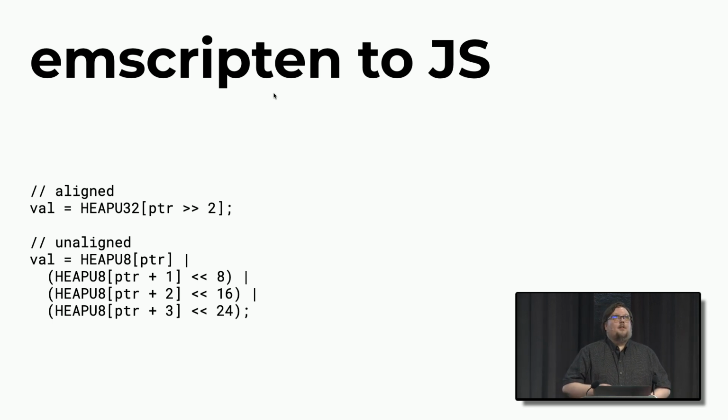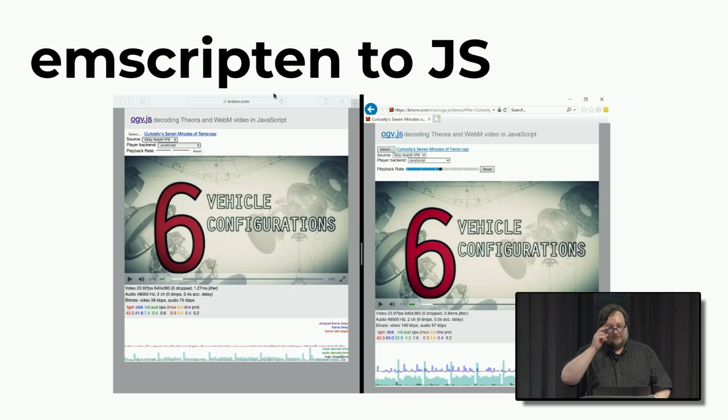So for instance, for a 32-bit integer, you have to downshift it by 2 bits to divide by 4. And if you're doing unaligned accesses, that will end up giving you a wrong result, so you have to expand it into separate byte loads. All this stuff really slows down your code.